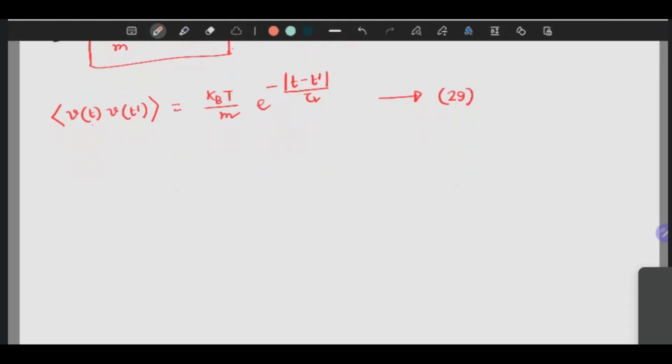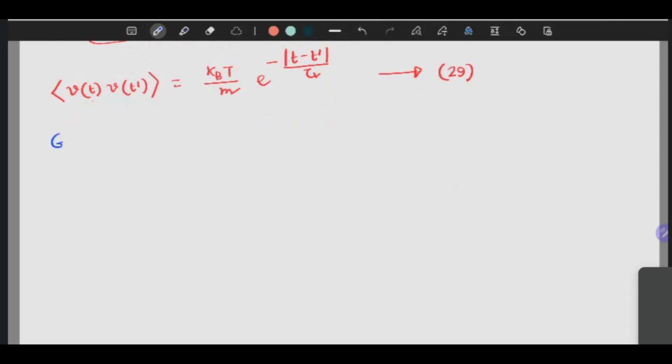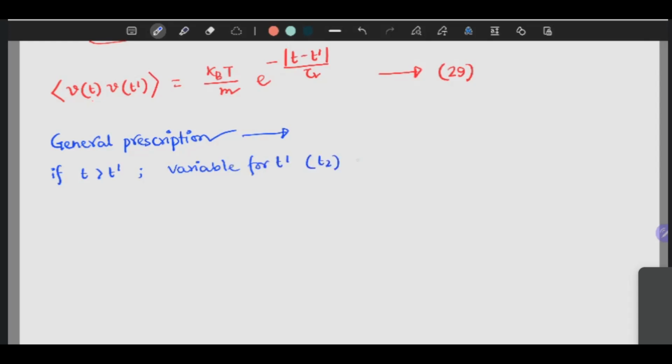So the general prescription is, if t is greater than t prime, the integral for the variable t prime, which is t2 here, should be calculated first.